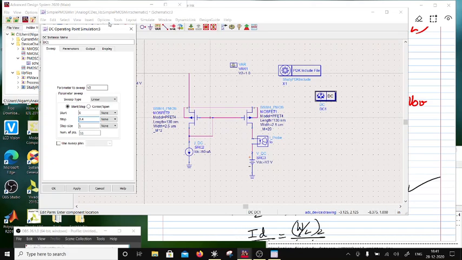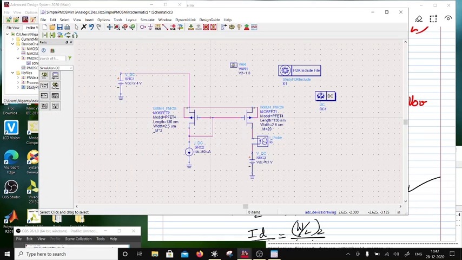Now this is going to come out to be reverse, right? I can always do 2.4 minus V2. So here I can do 2.4 minus V2, and all you're going to see is the output characteristics of this device.